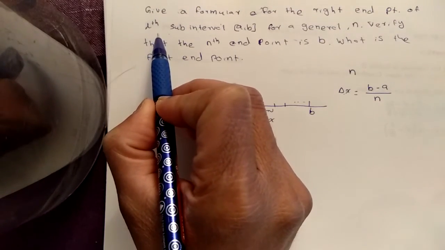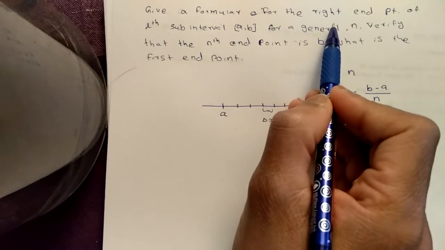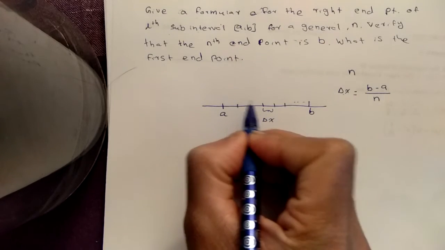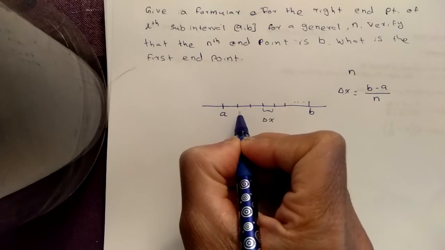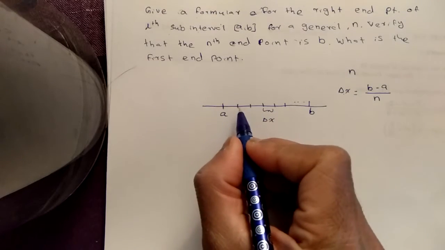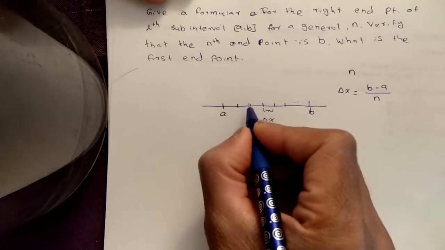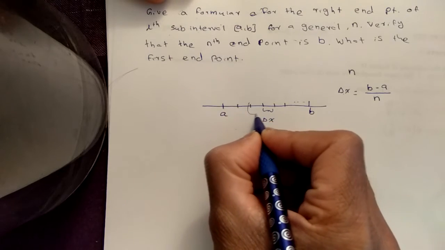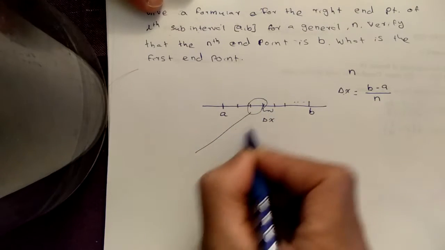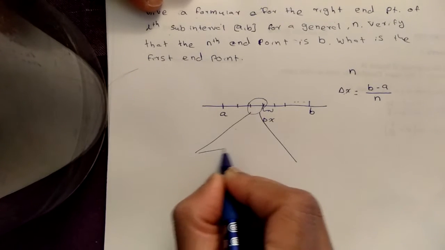they are asking to write a formula for the right endpoint. What do we mean by right endpoint? This is our big interval AB, and these are the subintervals. If I take one subinterval and enlarge it like this, it will be easy for me to draw things.